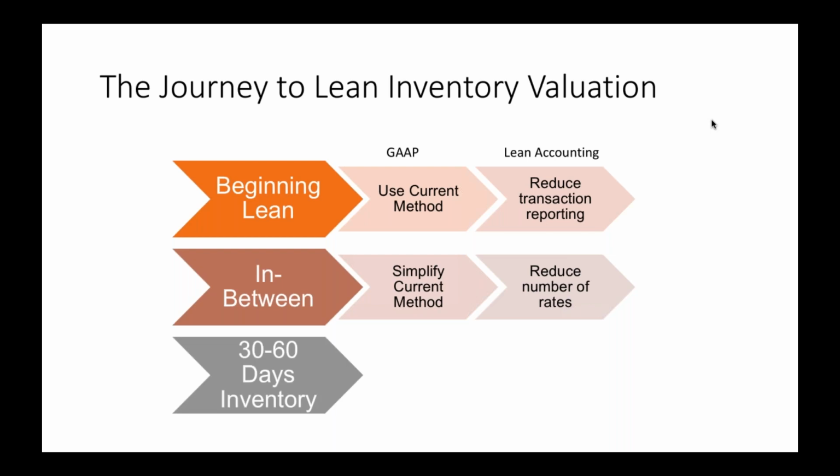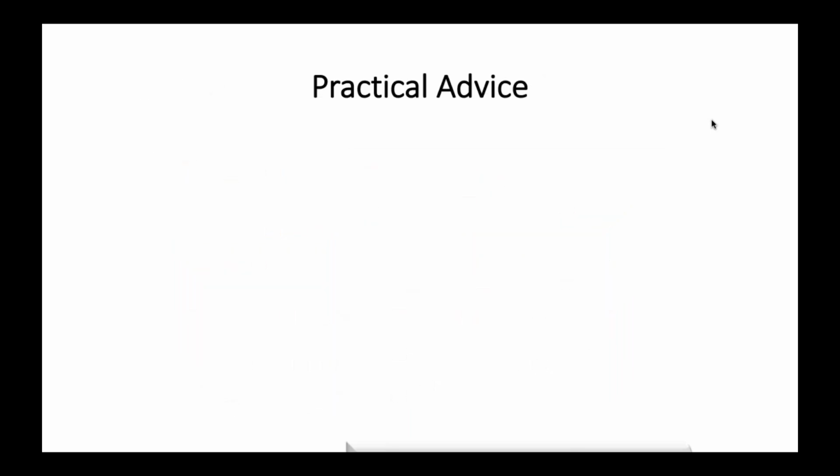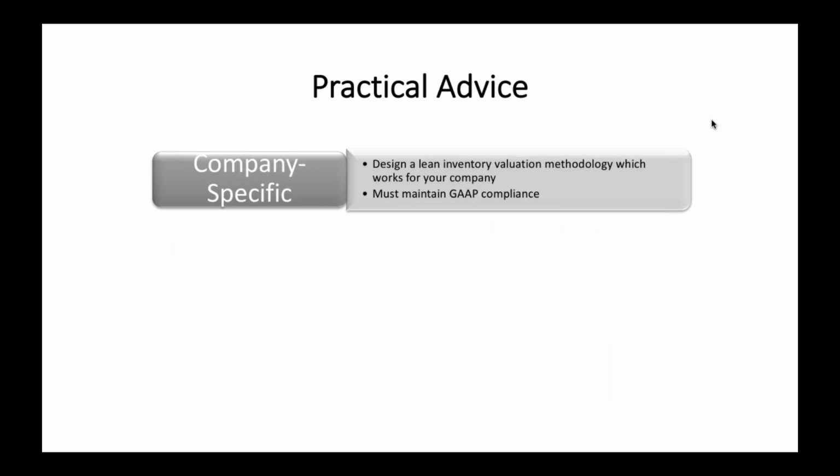And finally, when you get to 30 to 60 days of inventory, this is where you can use your value stream income statement to get your actual costs. You can turn off your labor and overhead rates and work towards creating a lean valuation system. The method that you select for lean inventory valuation needs to be specific to your company, the exact mechanics of how it works.